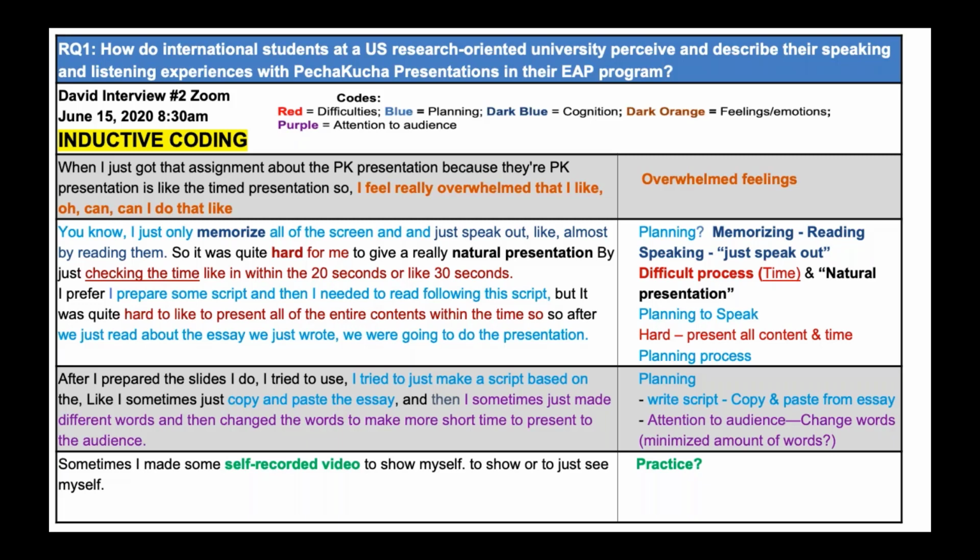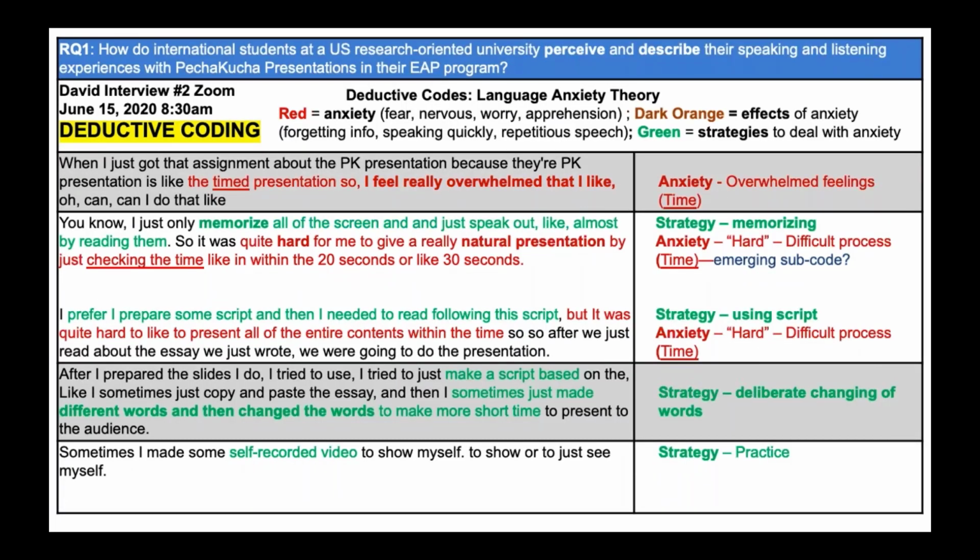Now let's look at a deductive analysis example. So here, if I'm using language anxiety theory, it has 3 aspects: anxiety itself, the effects of anxiety, and then the strategies to deal with anxiety. You can already tell in my coding the differences just through the colors, because I only have 2 groups right here. Now, I think I had 5 on the previous slide. So you can see how we're really starting at that top level.